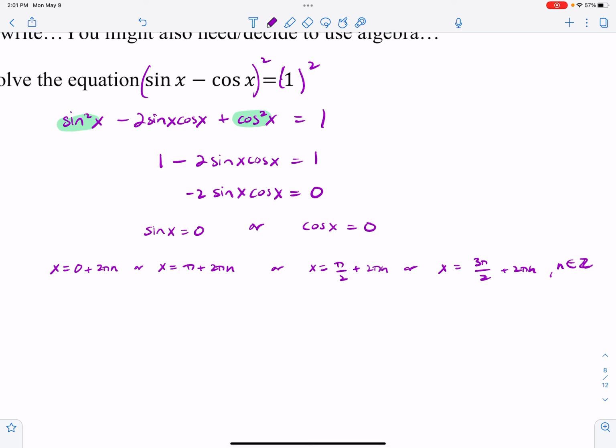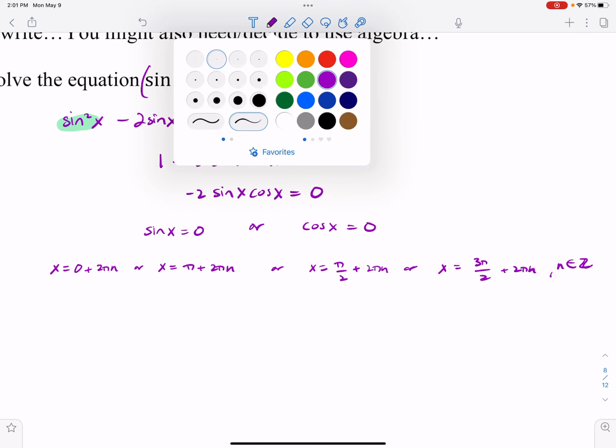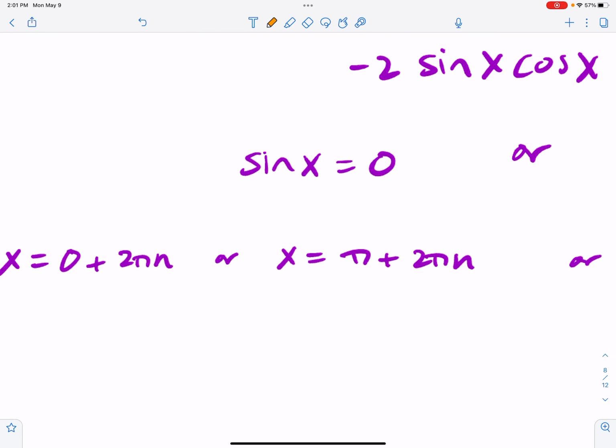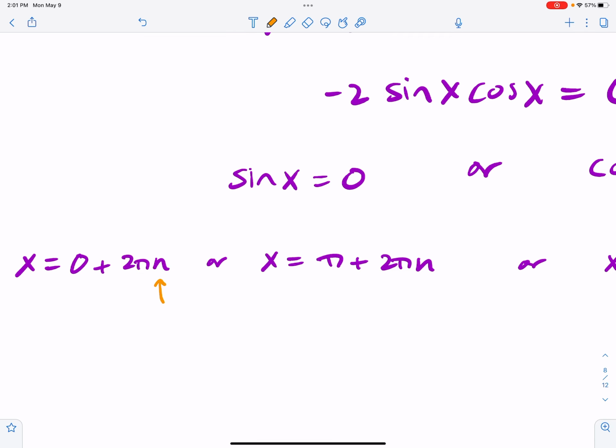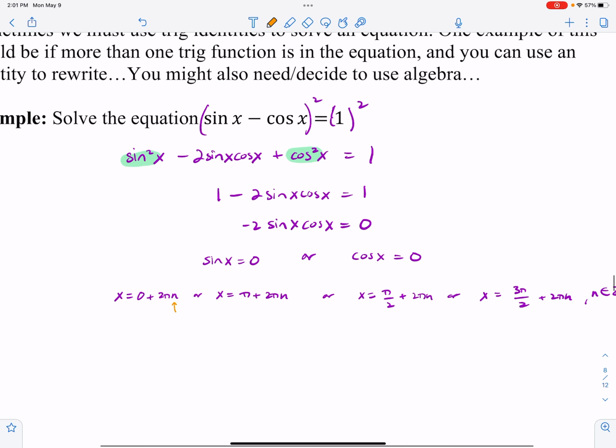So because each of these statements represents a set of coterminal angles, we can just think about assigning one value to n. So if I let n equal 0 here, and think about plugging 0 into the original equation, sine of 0 is 0, cosine of 0 is 1, but then times this negative would be -1. Well, -1 is not equal to +1, so that's actually an extraneous solution, or not actually part of the solution set.